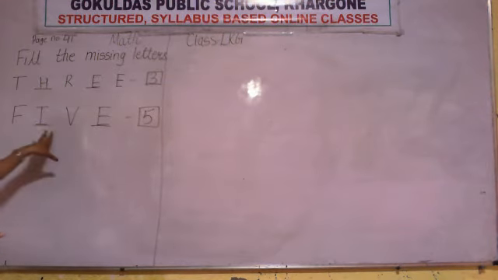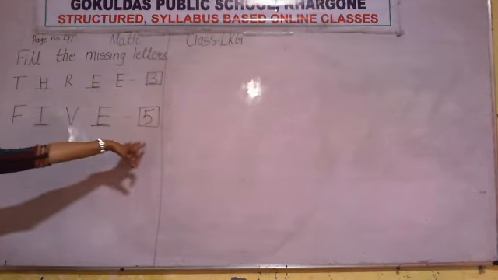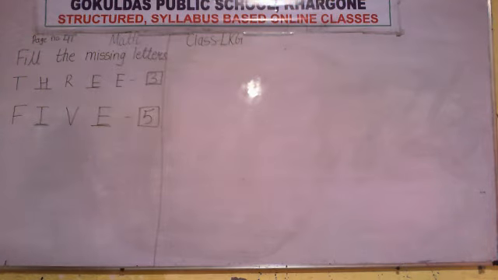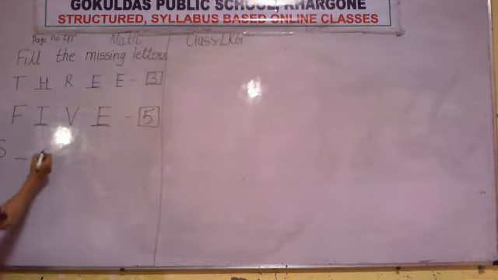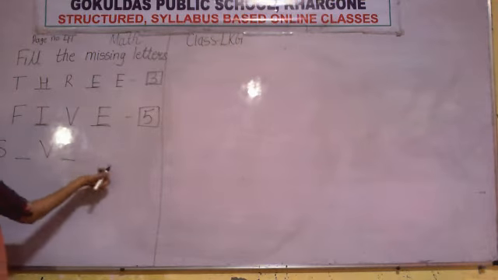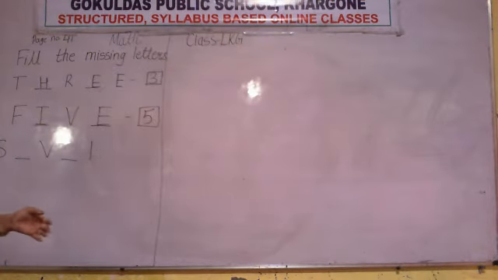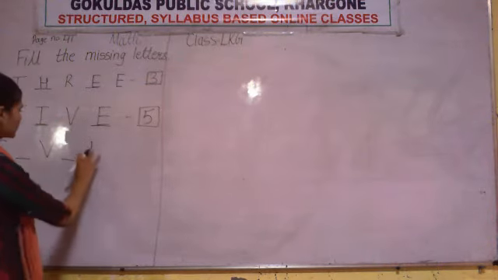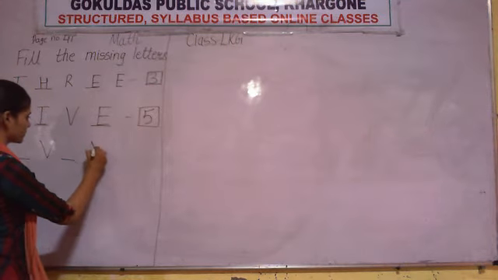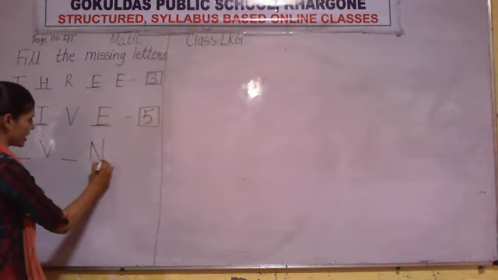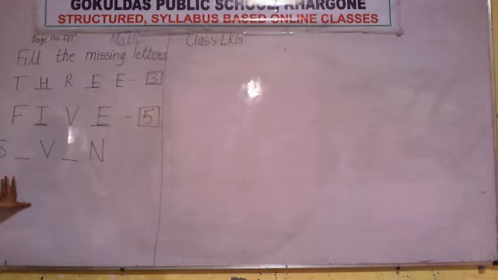So this is number 5, F-I-V-E, 5. Now next, S, sleeping line, V, sleeping line, E, N.